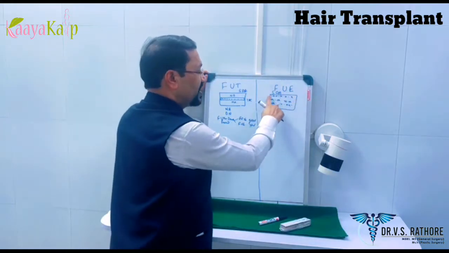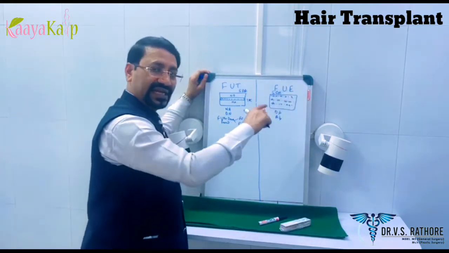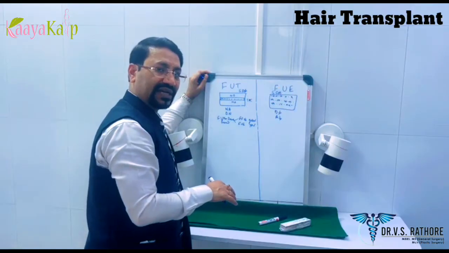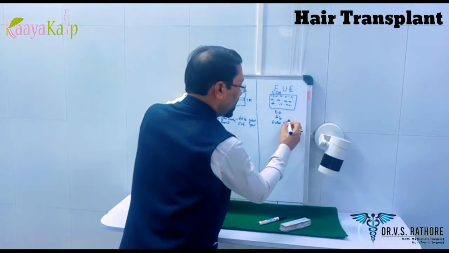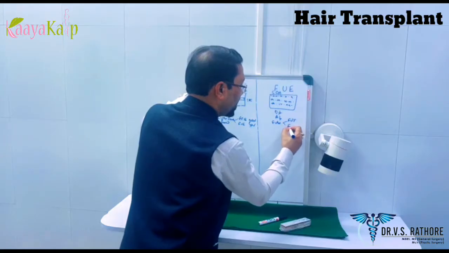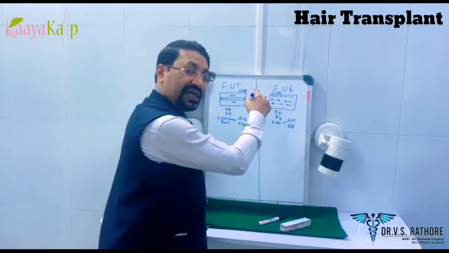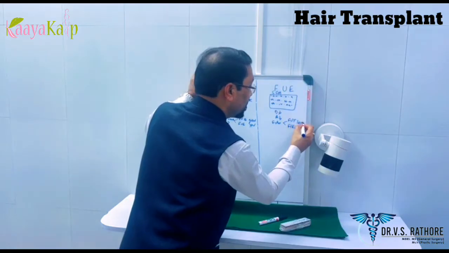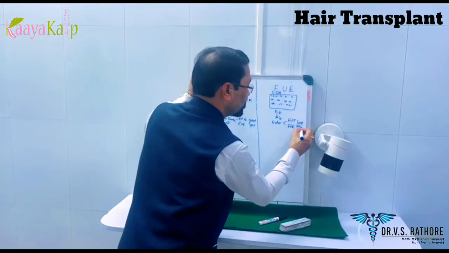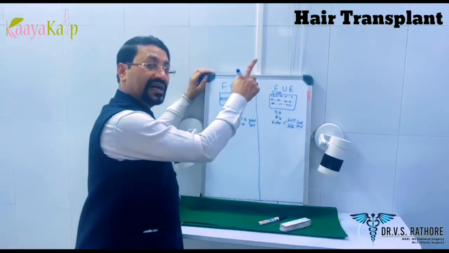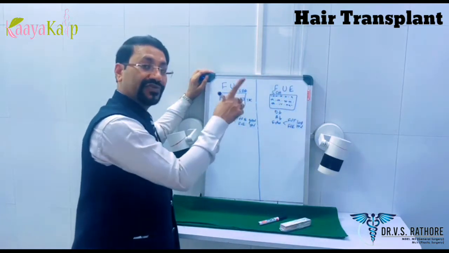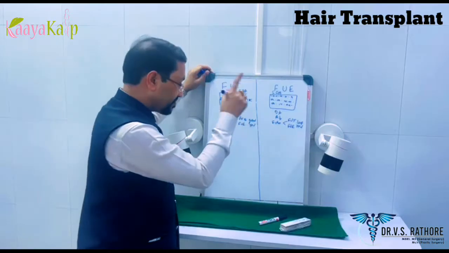Since I have drilled out the entire donor area, in future if I do a FUT or an FUE in a previously FUE-done area, I get a less yield, which will further compromise the appearance and the density of the donor area.